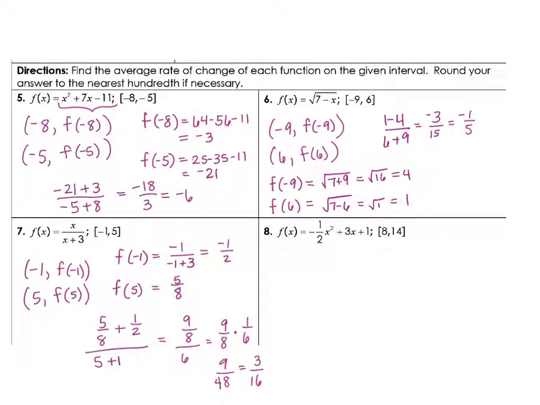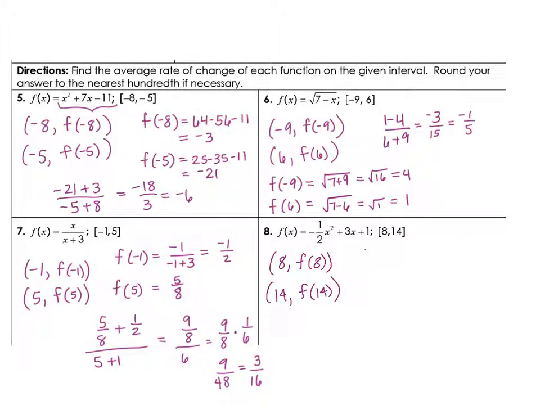Right, number 8, again, we are substituting in our 8 and our 14. And it looks like here we have 8 comma f at 8. And then we have 14 comma f at 14.